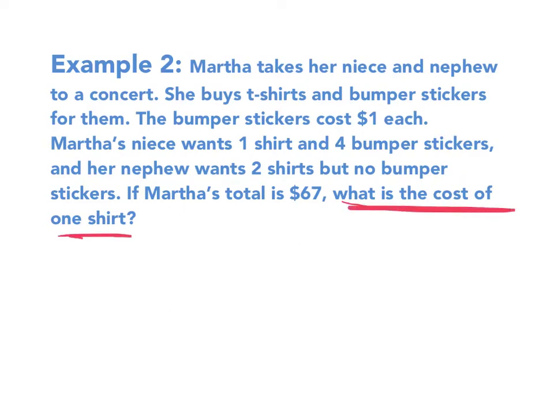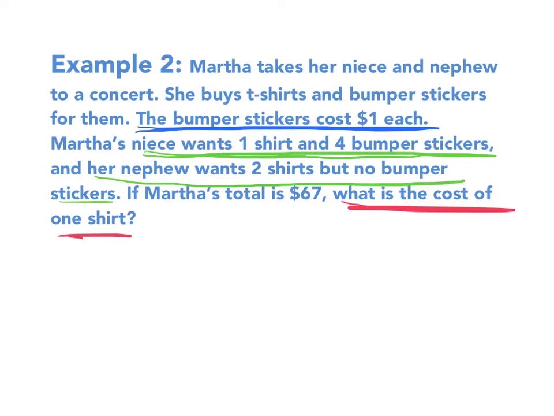And then we also have some other information. We know the bumper stickers cost $1 each. And then her niece wants 1 shirt and 4 bumper stickers, and her nephew wants 2 shirts but no bumper stickers. So the first thing I'm going to do is set my variable equal to what I need to know, and that is, what is the cost of 1 shirt?